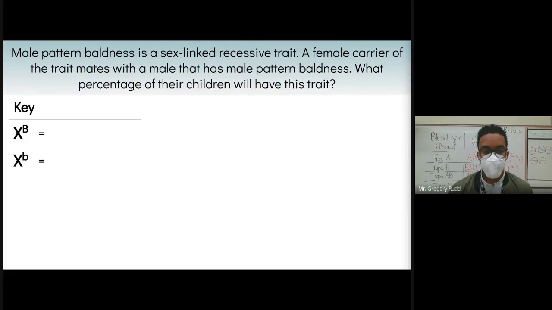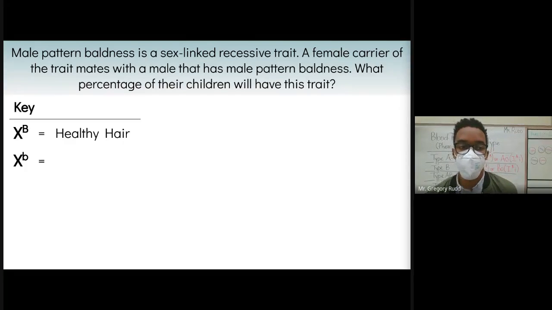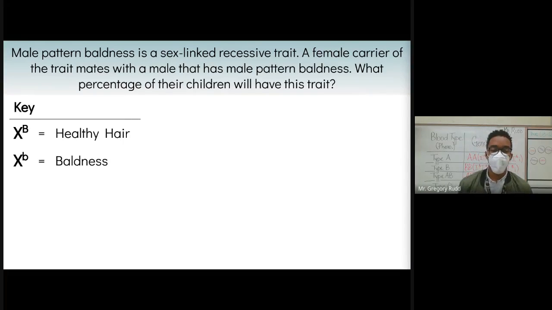Yes, good, Abigail. X capital B means healthy hair. You're not bald. And X lowercase b means what in that case? Yeah, you are bald. You have baldness. Or maybe not immediately, not early on in life, but you're more likely to develop baldness later in life. Okay.